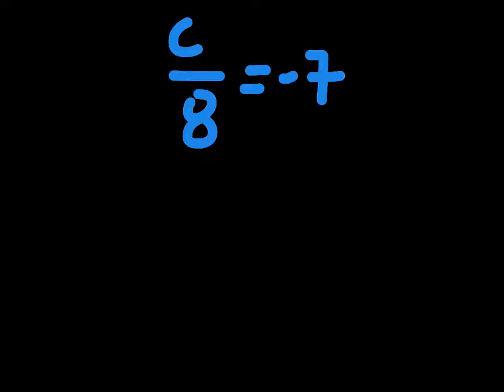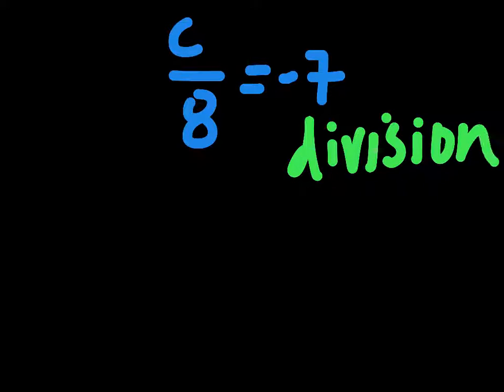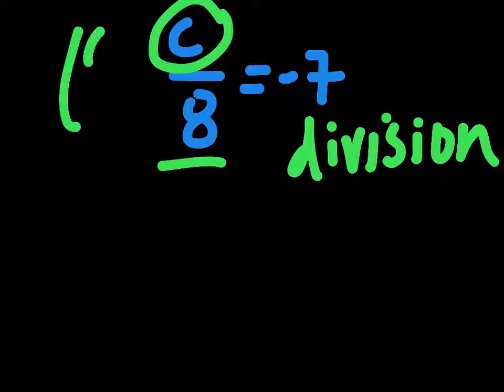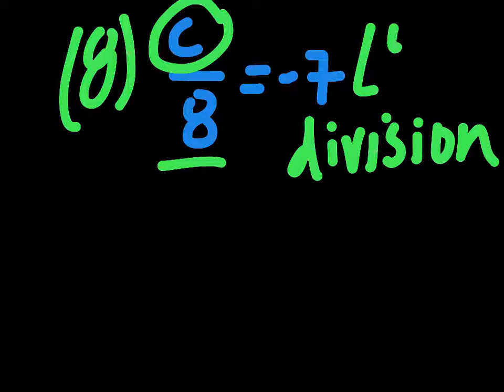Okay, so looking at it, we know right away this is in division form, so we have to do the opposite of whatever is being done. So that means we'll be multiplying. Okay, so we want to get our variable alone, so we look at our number. It's 8. So since we're dividing by 8, we're going to multiply now. Let's multiply by 8, multiply by 8 on the other side, because whatever you do to the left side, you got to do the right.